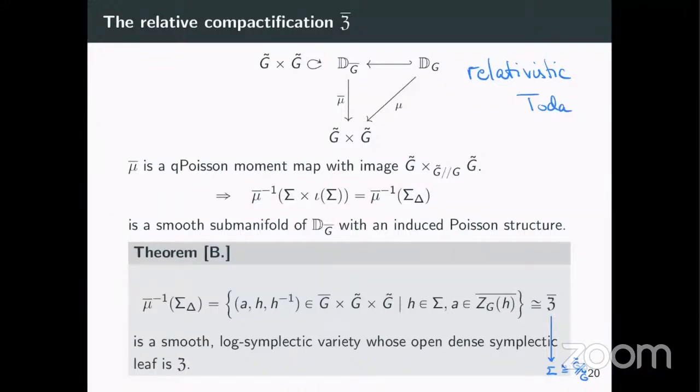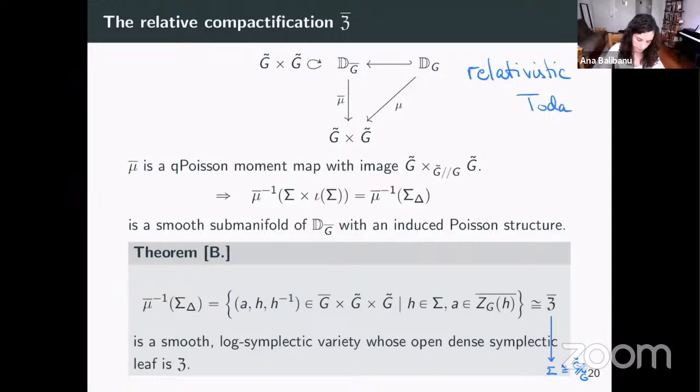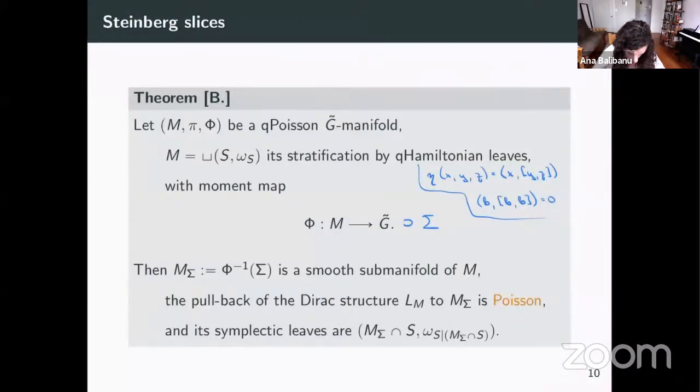So you would need, if we go back just to illustrate to where this theorem was. Okay, right. So you would need some kind of transversality condition to be able to pull back the Dirac structure.